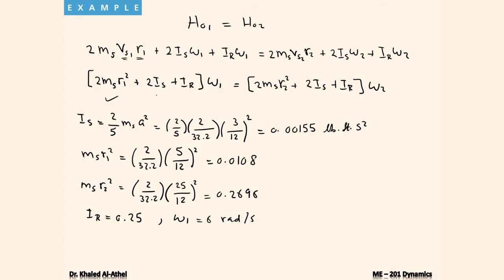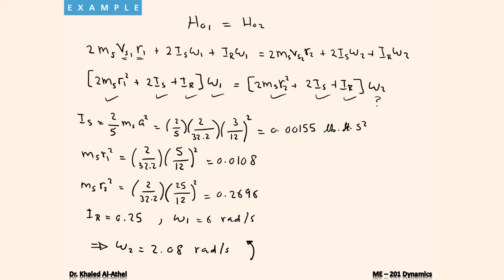So this quantity is known, this is known, this is known, this is known, and also these are known. The only unknown is omega 2. So you can solve this equation to give you omega 2 equal to 2.08 radians per second.